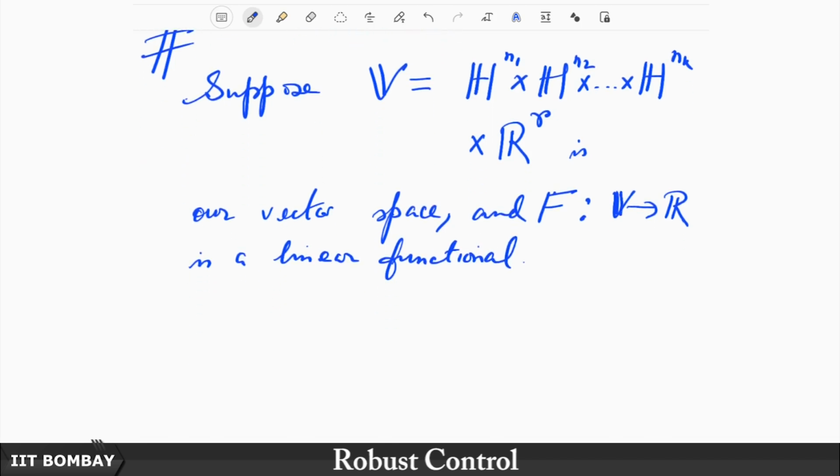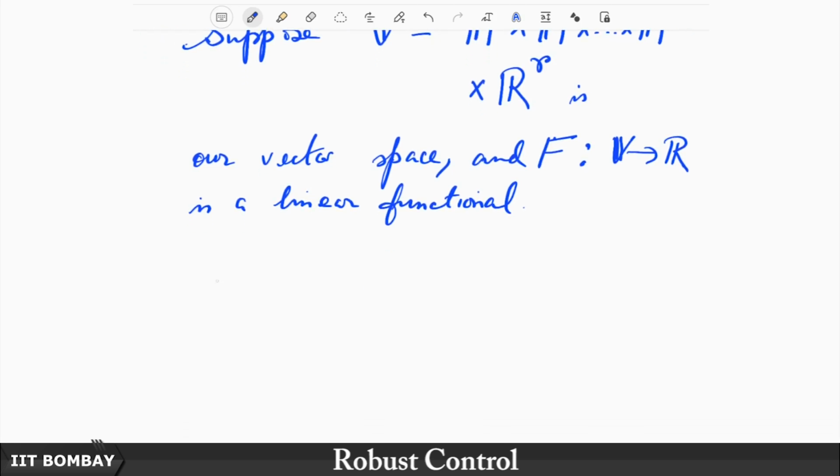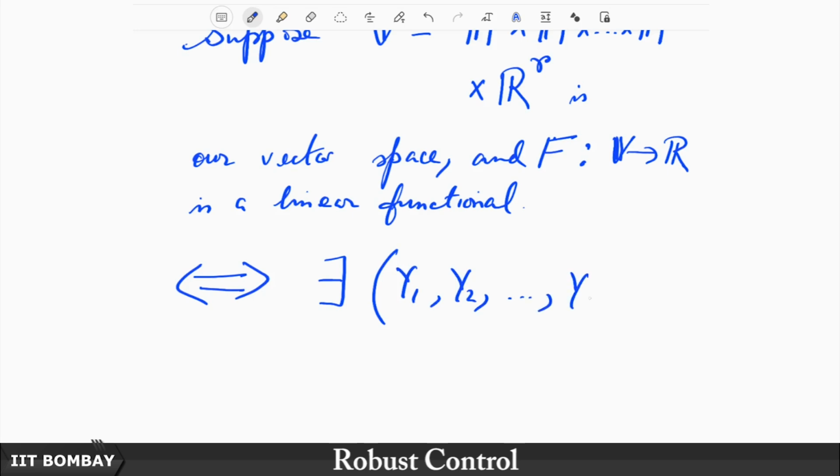Then this is the same as saying, this is an if and only if condition, that there exist, notice very carefully, there exist y1, y2 dot dot dot till yk and yk plus 1, yk plus 2 dot dot dot till yk plus r. Yeah, this whole fellow belongs to this vector space.